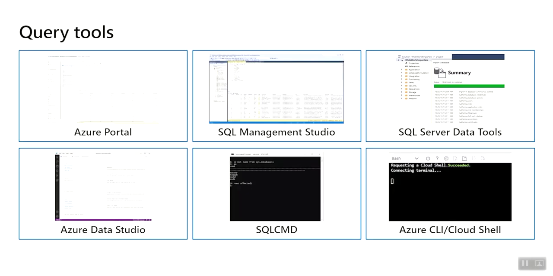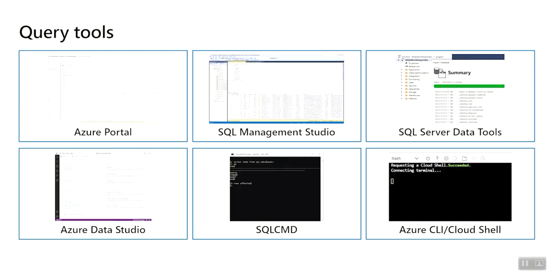To use these tools, you need to first establish a connection to the database. So you'll need to provide some of those credentials to be able to log in to the server and connect to it. So the admin username and password, for example. Now, SQL Server Management Studio is a tool that you can download and run on your desktop. And typically this has been used for connecting to and executing SQL queries on on-premises SQL Server databases.